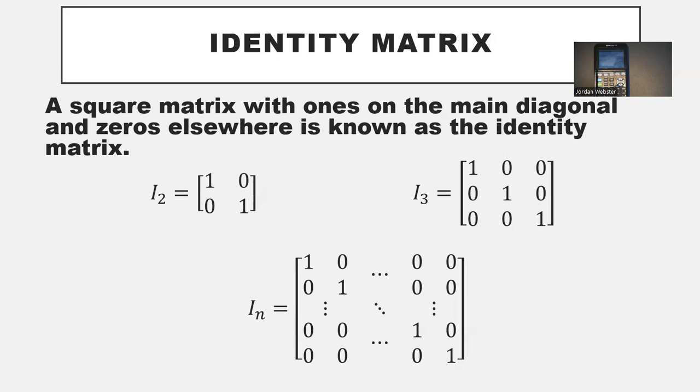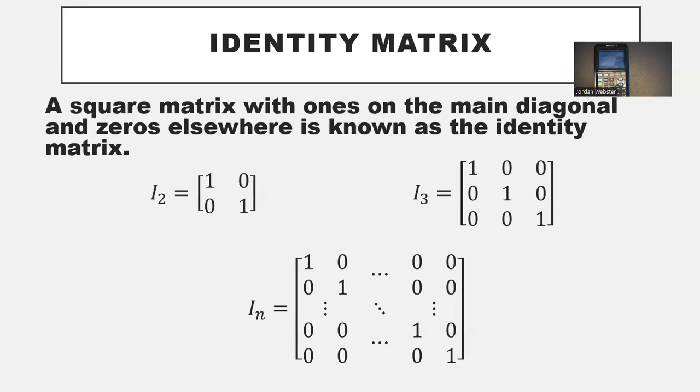All right. The identity matrix, by the way, is usually denoted with an I, sometimes with a subscript to show you the size. So I3 is the 3 by 3 identity matrix. A lot of times they won't write the subscripts though either. They'll just imply that it's the right size.